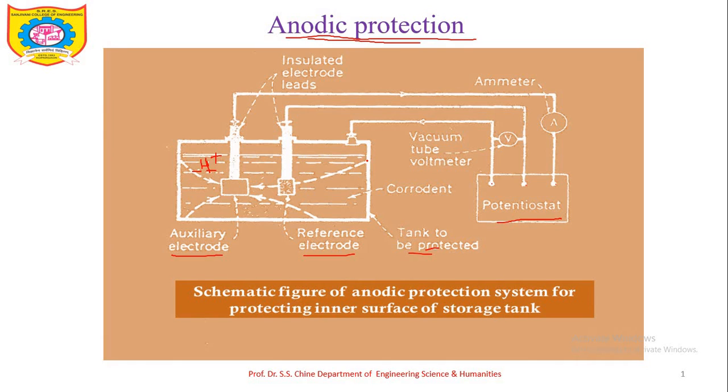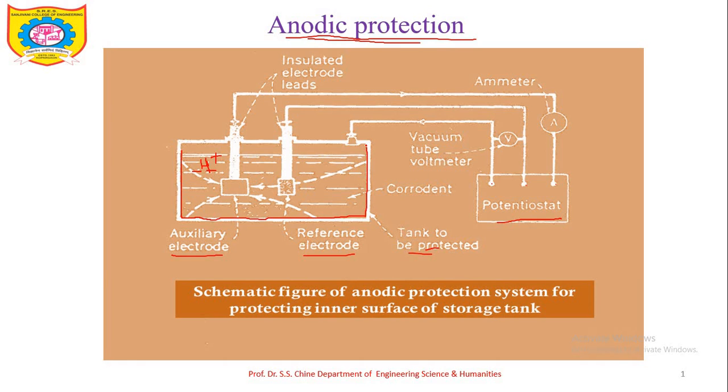Now as we increase the rate of oxidation, it will form the protective layer. This protective layer will adhere on the inner wall of this tank. So this is the wall, inner side of this tank. Now this red color you consider as the oxide film formed on this inner wall of the tank.